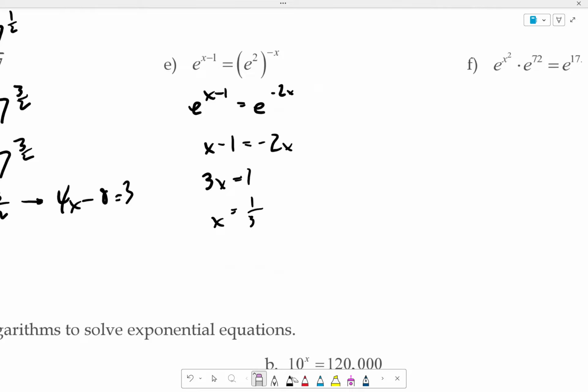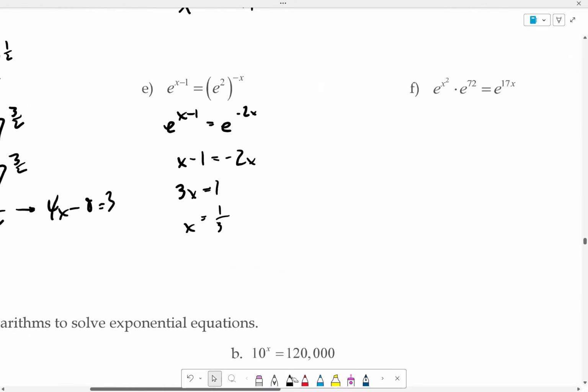I raised e to the power of x on 2. Oh, I see. So you tried to make this the same. Yeah. I still got 1/3. I'd like to take a look at exactly what you did in a little bit. I'm going to just say, since we already have a base of e over there, let's keep it base of e. But yeah, you could make it base of e squared. I wouldn't recommend it though.